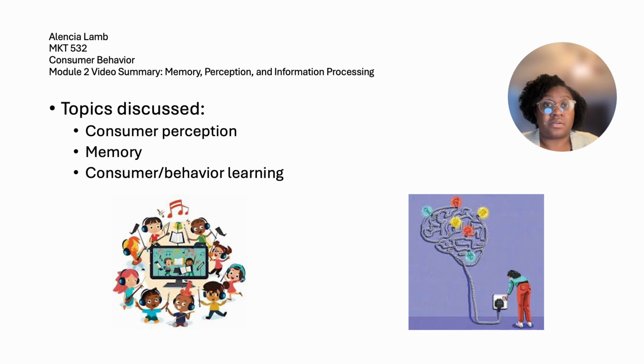information processing models. Perception allows consumers to interpret and organize sensory information to create meaning of what is being presented. Brands use subliminal advertising to influence customer behavior below the surface of conscious awareness threshold. The main way that brands are able to alter or bring perspective to consumers is by playing on their senses.